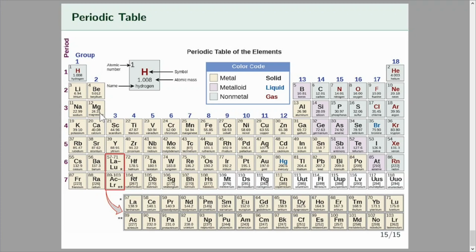Well, the mole is defined so that for carbon 12, a mole of that is 12 grams. That means a mole of magnesium is going to be 24.3 grams. If you just take the mass in atomic mass units, this number here, and call that grams, that will give you a mole of that entity.